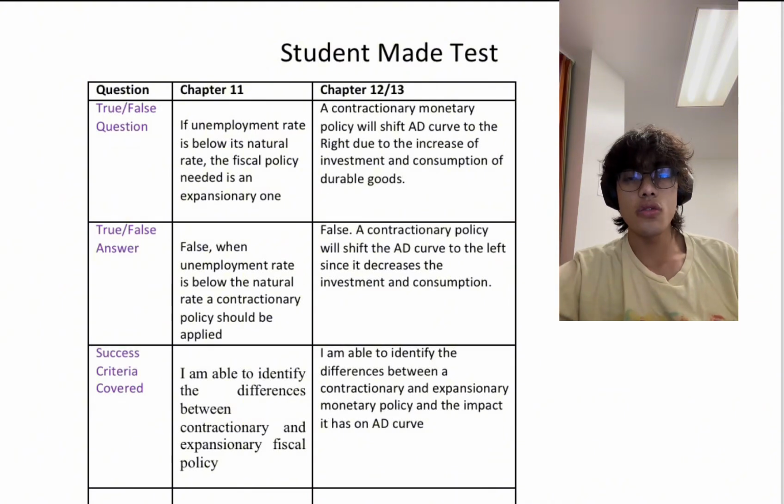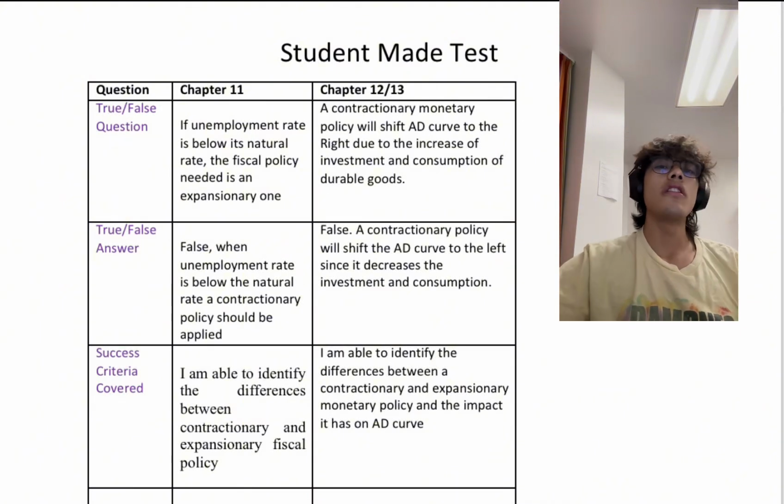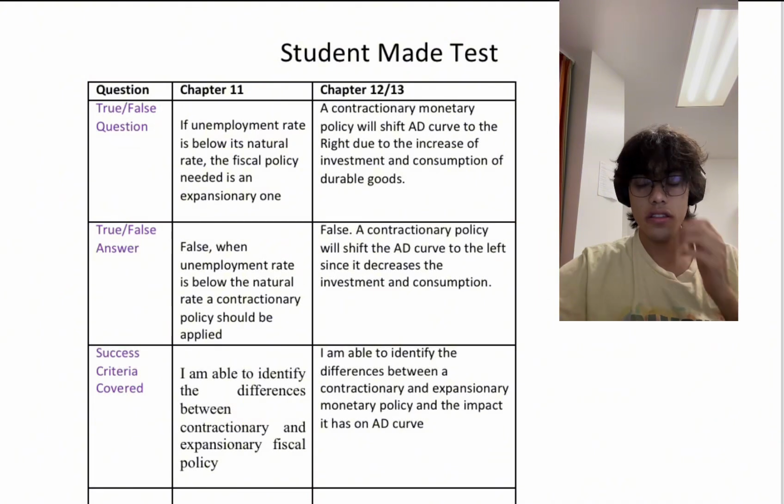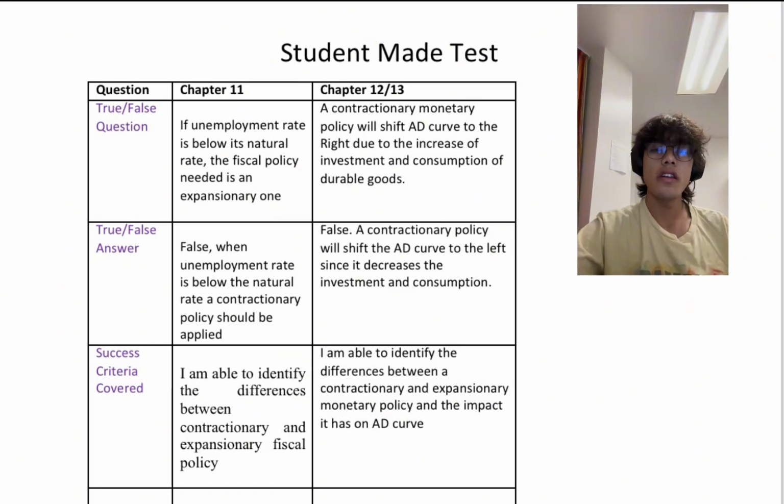In this question, you need to know the difference between a contractionary and expansionary monetary policy and the impact it has on the AD curve. The answer is false, because a contractionary policy will shift AD to the left, since it decreases investment and consumption.